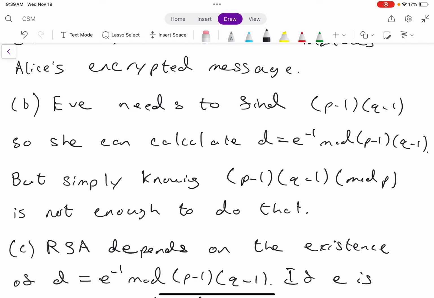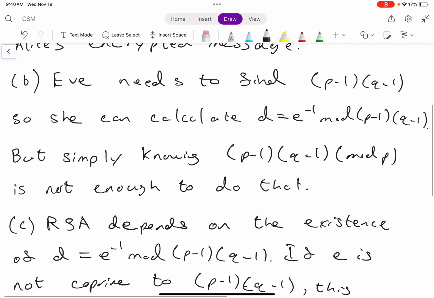So if Eve can find D, she can decrypt the encrypted message, basically. But is knowing P minus 1 times Q minus 1 mod P enough to do that? No, it's not, right? So RSA would be correct and can't be broken in this case.